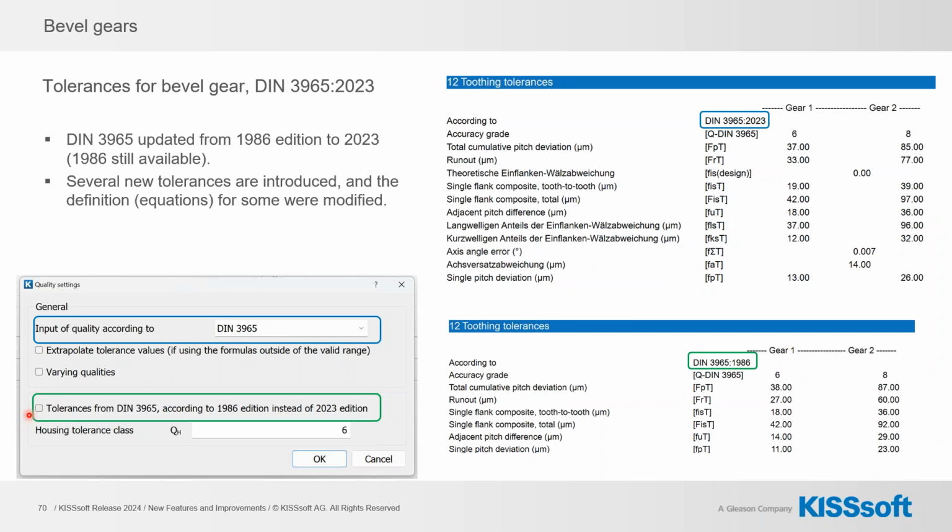We also want to give you as a user the possibility to have the current edition, meaning the 2023 edition, or the previous, meaning the 1986 edition. Sometimes measuring machines, or of course your specifications, require the values of the older edition as well.